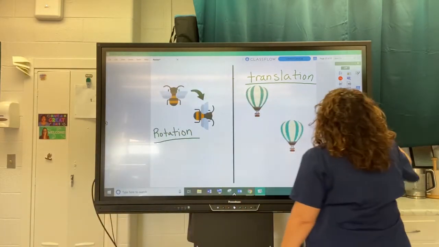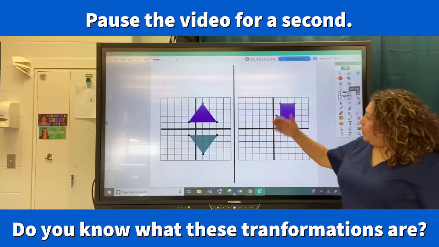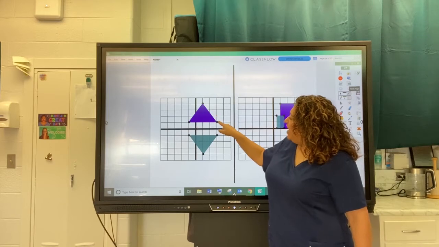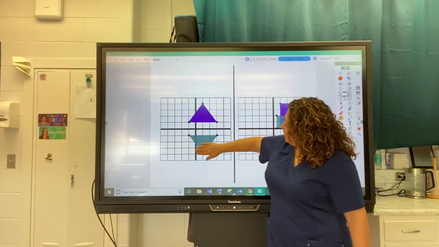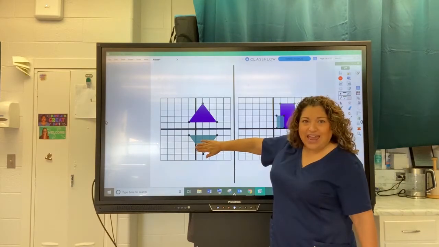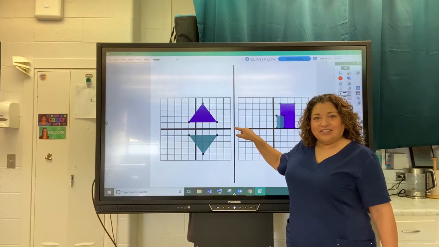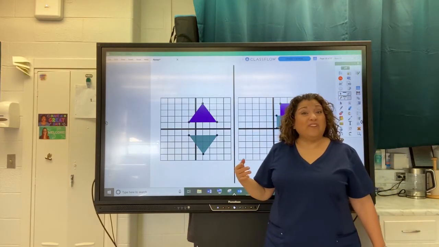Okay? So let's look at this next one. We've got some shapes here. We've got a triangle, okay? It's pointing up, if you notice. Then it flips down over this x-axis. So do you remember what it was like when Miss Benson was talking about reflections?